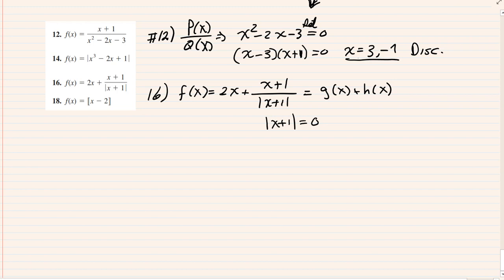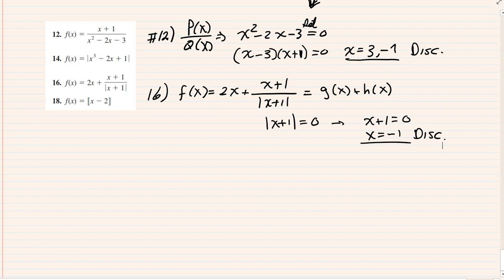Now, absolute value of x plus 1 equals 0. That means x plus 1 is 0, right? So x must be negative 1. This is where the function is discontinuous at that point. Okay, so it's pretty easy so far.